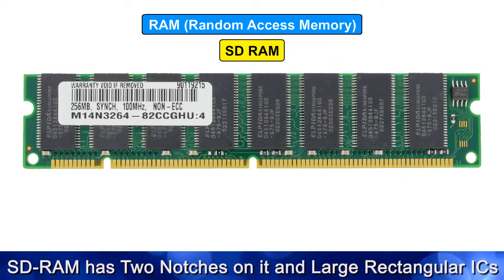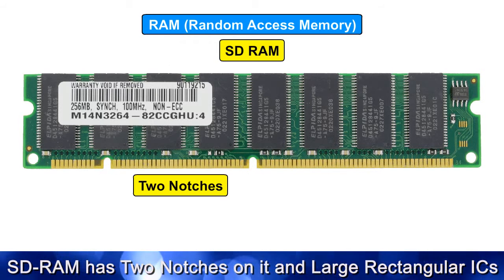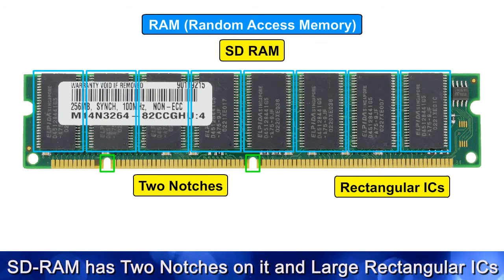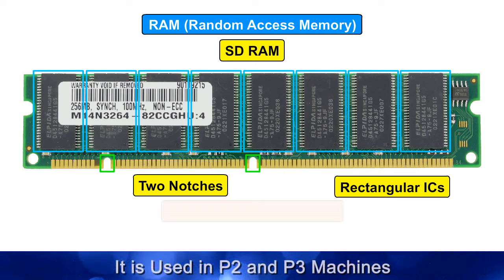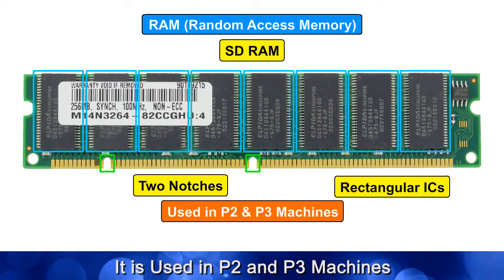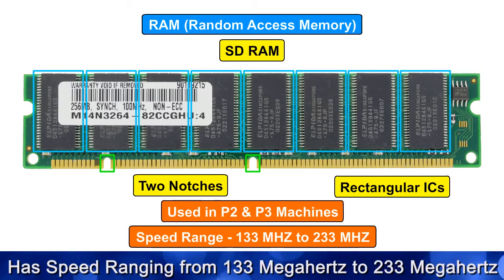SD-RAM. SD-RAM has two notches on it and large rectangular ICs. It is used in P2 and P3 machines and has a speed ranging from 133 MHz to 233 MHz.